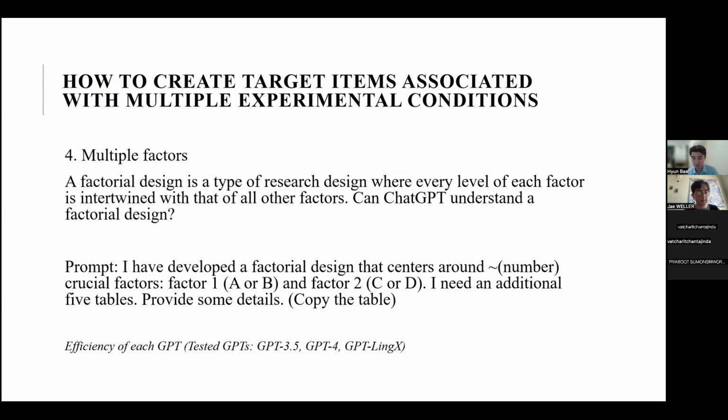It's a type of research design where, as you might know, every level of each factor is intertwined with other factors. So this highlights all possible combinations of the levels and makes it easy for experimental linguists to conduct all-encompassing analysis. So when you have a factorial design table, you can use ChatGPT to generate test items.